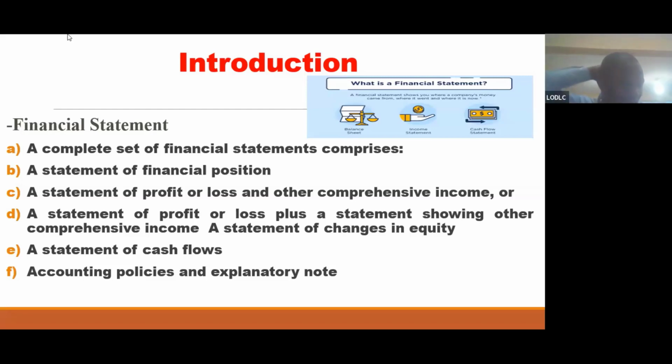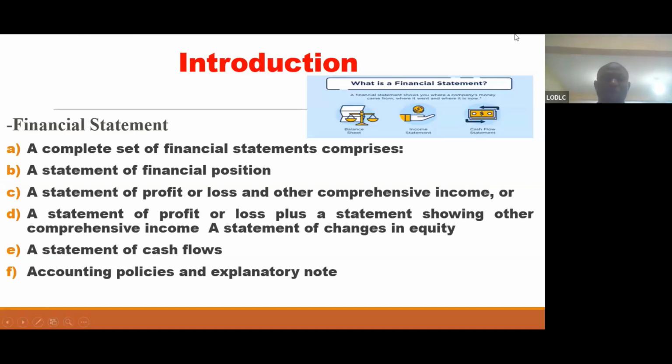So now, after we have understood what the financial statement is all about, the next line of action is what are the elements that we can find in the financial statement. So if you look at the financial statements, we have 3 contents that are very germane, very important, but 2 of the contents are what we are interested in. The first is the statement of financial position, while the second is the statement of profit or loss and other comprehensive income.